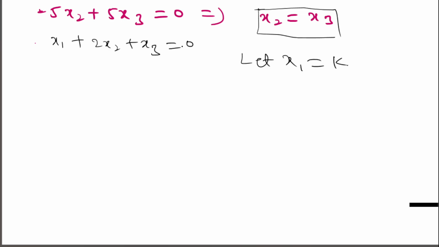Here x1 plus 2x2 plus x3 is equal to 0. Let x1 equal to k. The x1 value is k here plus 2x2. In place of x3, I can write x2, because x2 and x3 both are equal, hence equal to 0.